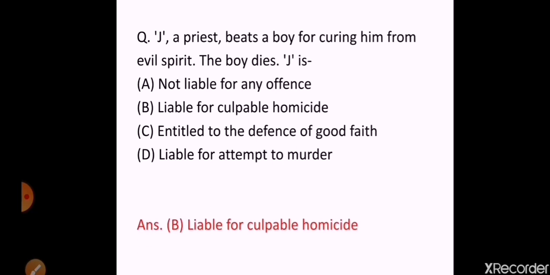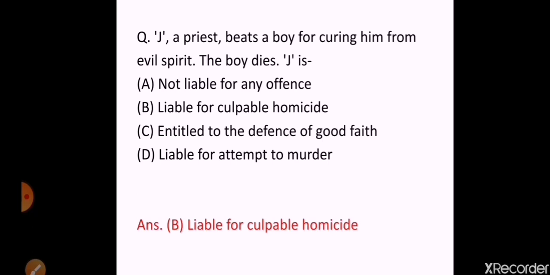The answer is option B, that he is liable for culpable homicide, because it is covered under section 299 of IPC, where he causes death by doing an act with the intention of causing death, or with the intention of causing such bodily injury as is likely to cause death, or with the knowledge that he is likely by such act to cause death, he commits the offence of culpable homicide.